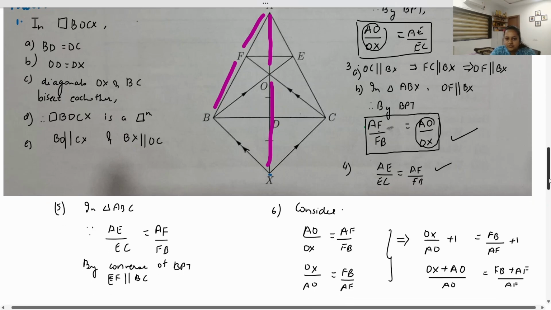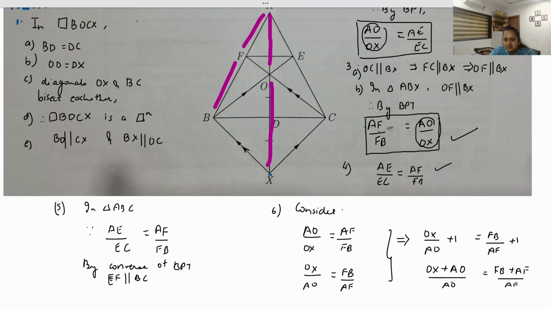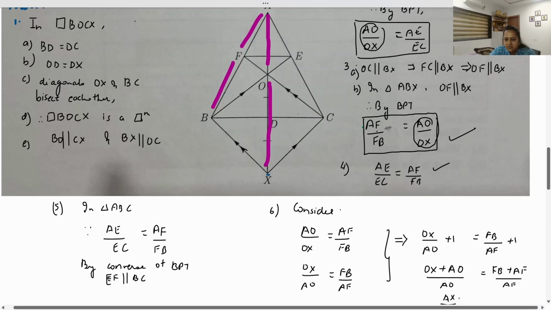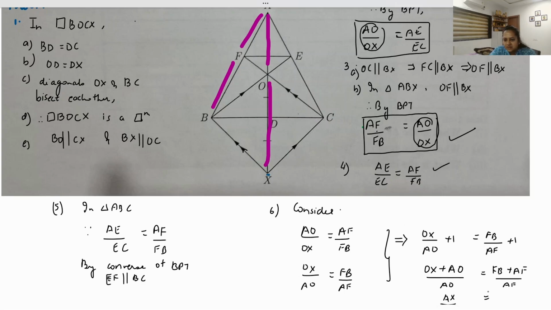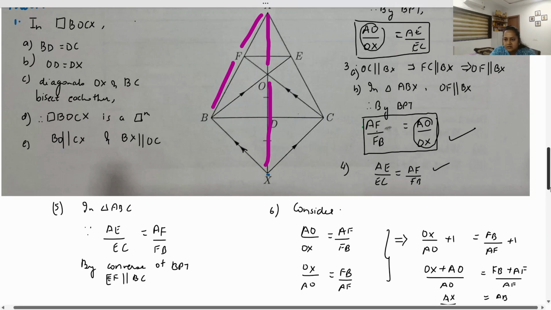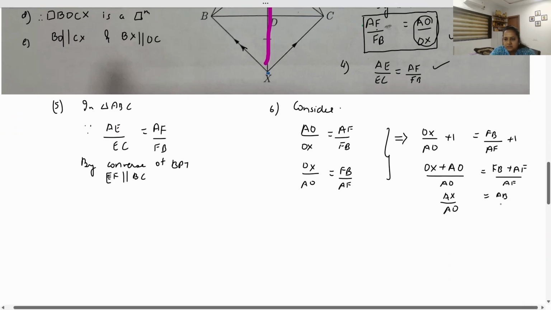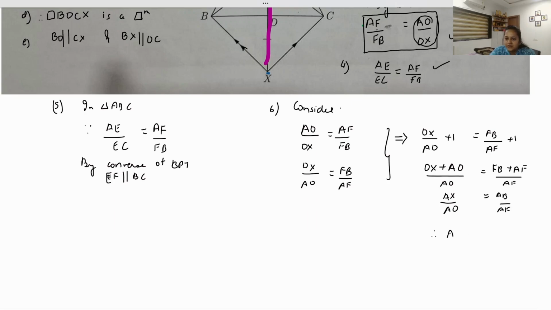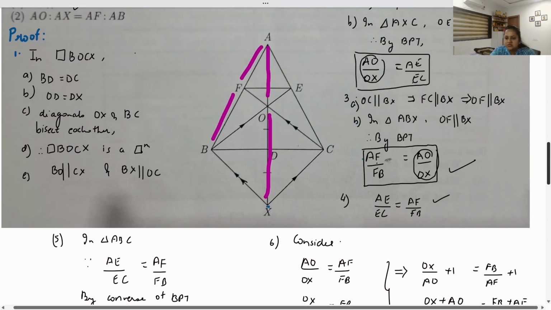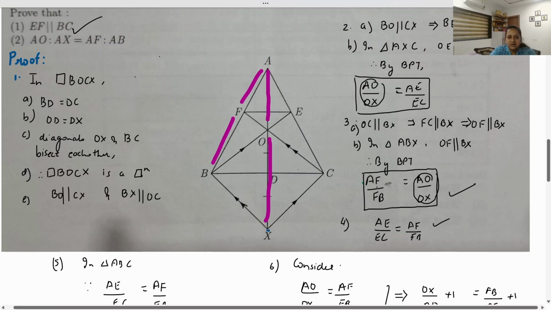Now, if you look into the figure carefully, OX plus AO is AX upon AO, and FB plus AF is AB upon AF, right? And my final answer is again the inverted form. So by invertendo, or reciprocating both sides, you can say whatever you wish, we'll get AO upon AX is equals to AF upon AB, right? Hence we get this one.